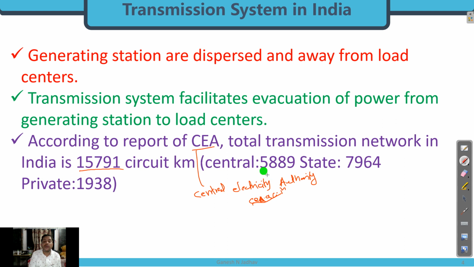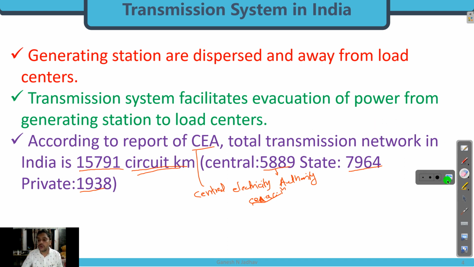Out of that, 5,889 circuit kilometer is owned by the central government, 7,964 circuit kilometer is owned by the states, and 1,938 are owned by the private sectors. Here we are seeing one important word: what does circuit kilometer stand for? So let's see what this circuit kilometer is.